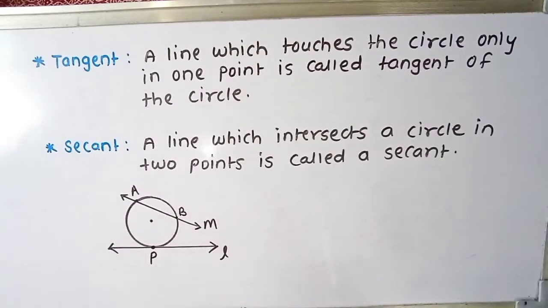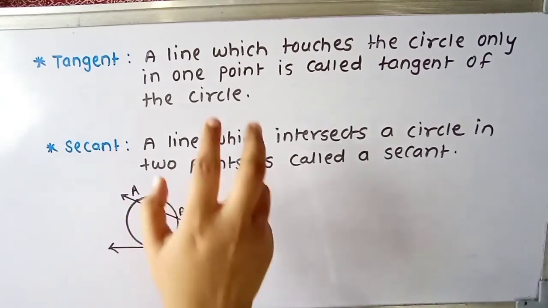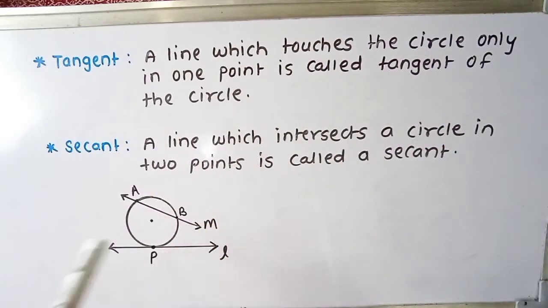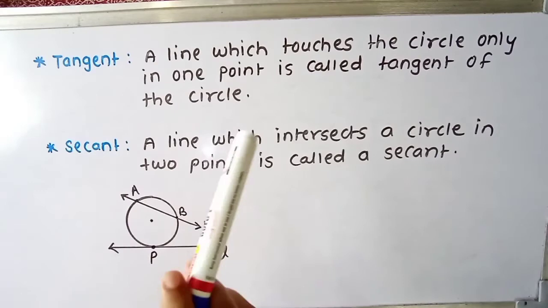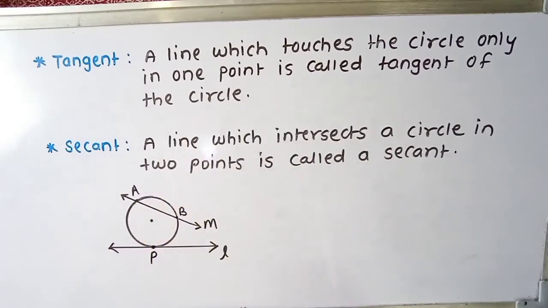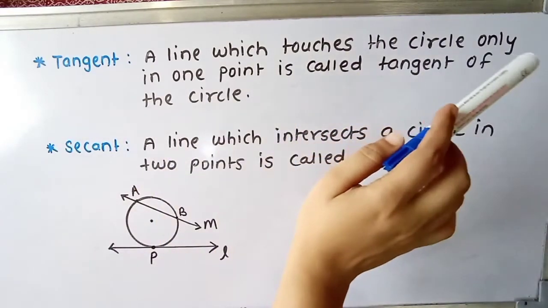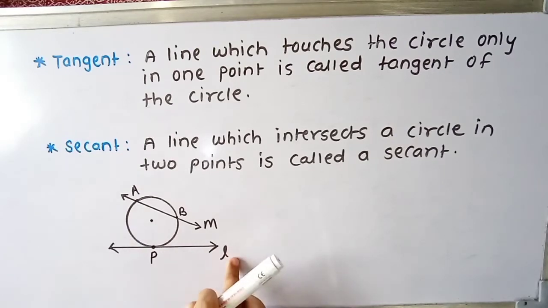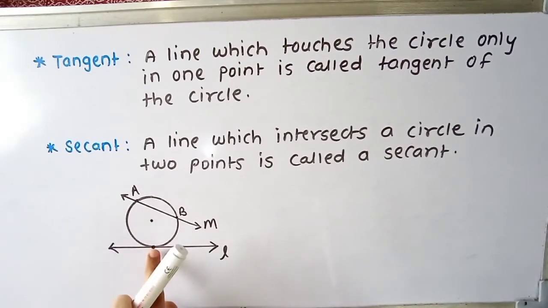Now students, we will see what tangent and secant mean. Tangent means what? A line which touches the circle at only one point is called a tangent of the circle. In this figure you can see the line L touches the circle at point P. Yes or no?